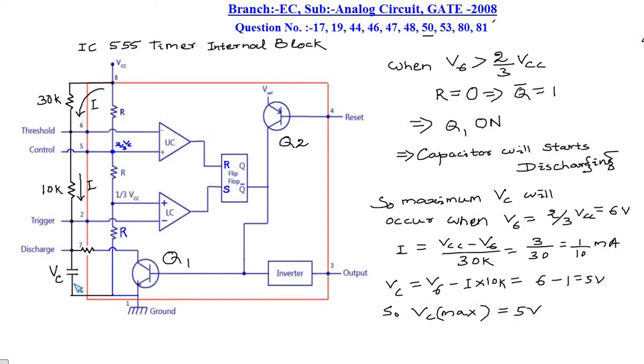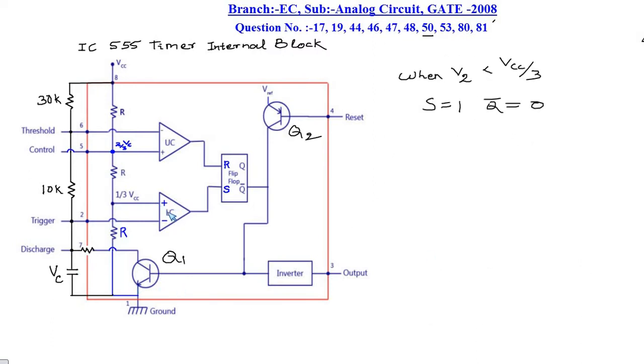Now we will try to find out the minimum voltage of the capacitor. If you come to the lower comparator, as the capacitor is discharging, the voltage at this point, that is the trigger voltage, will go just below VCC by 3.